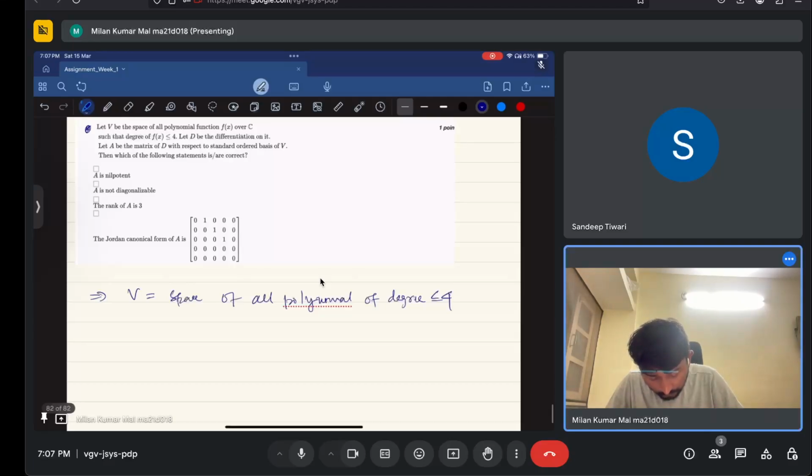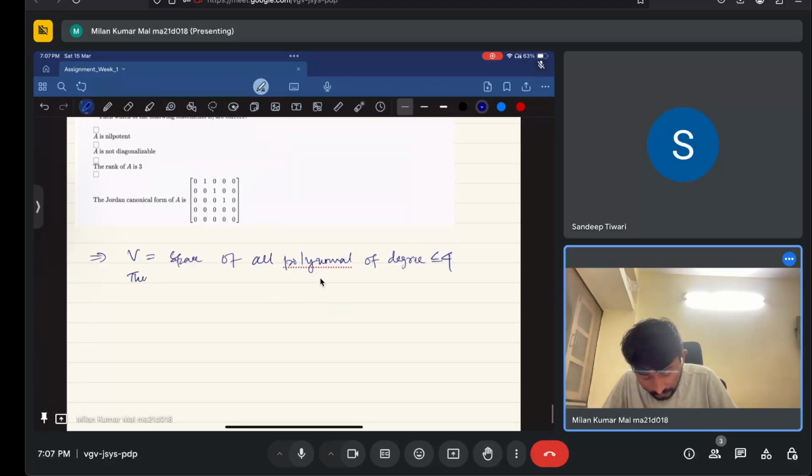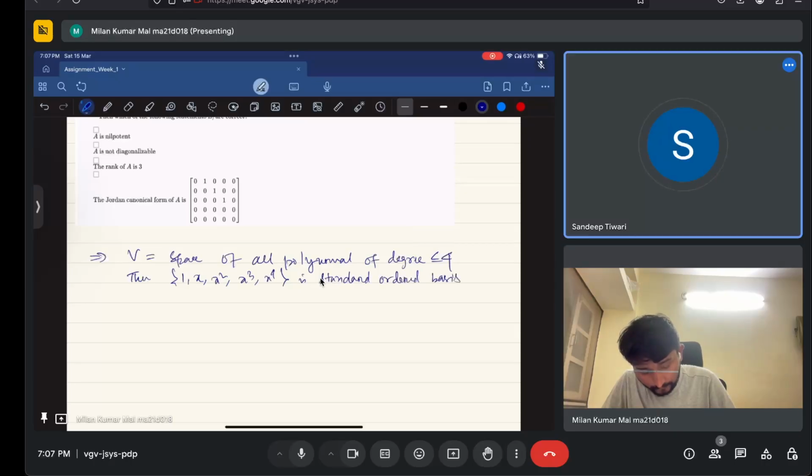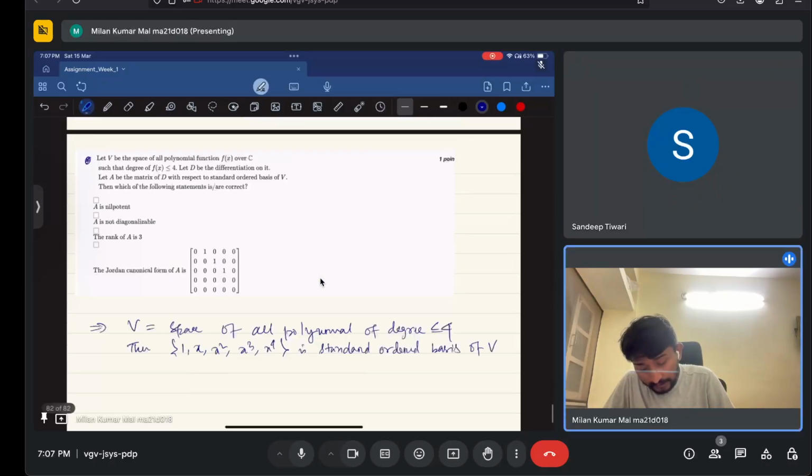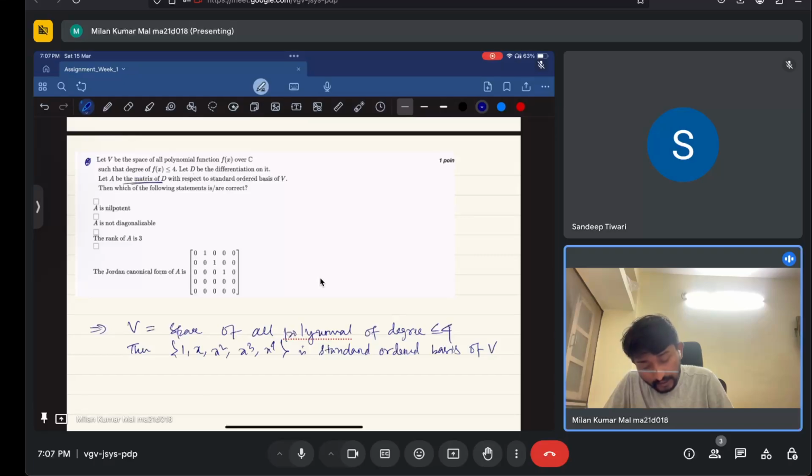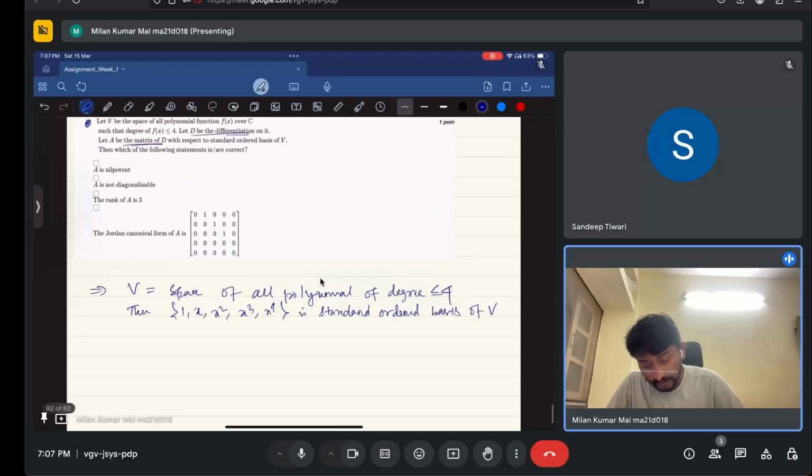Then 1, x, x square, x cube, x to the power 4 is the standard ordered basis of V. Now, A is the matrix of D, the differential operator, with respect to this standard ordered basis. Then which of the following statements is or are correct?